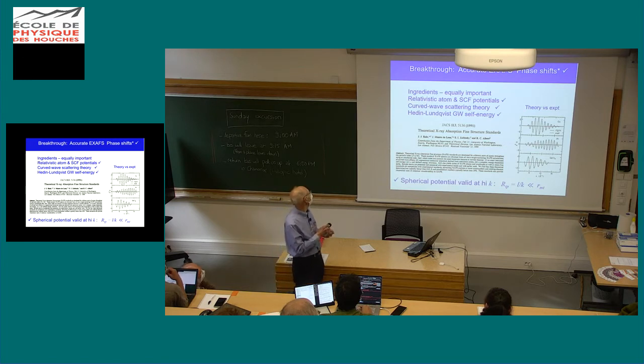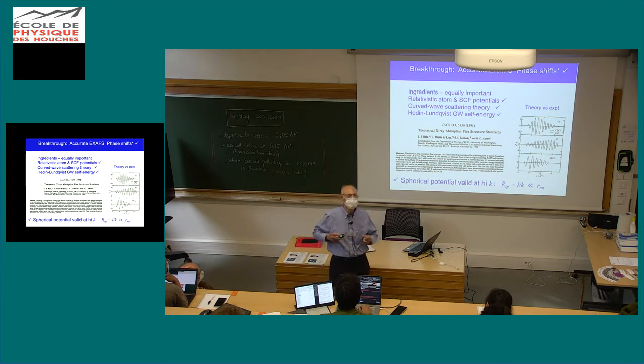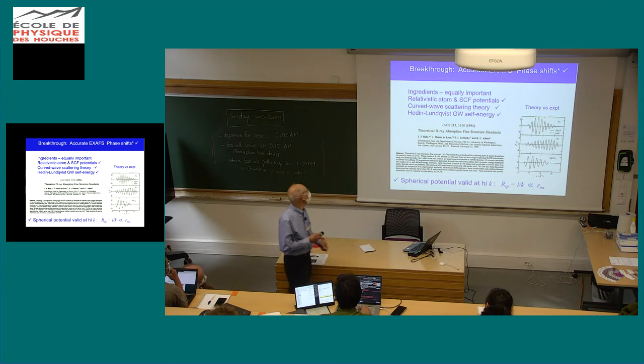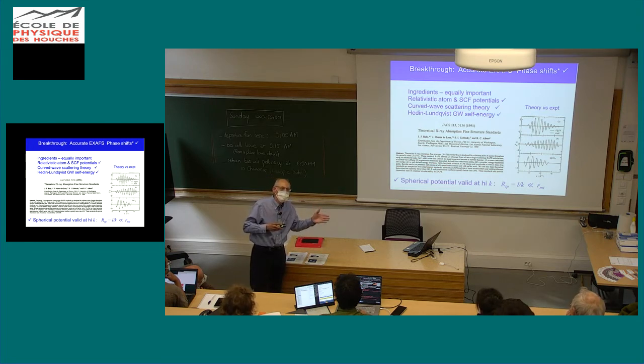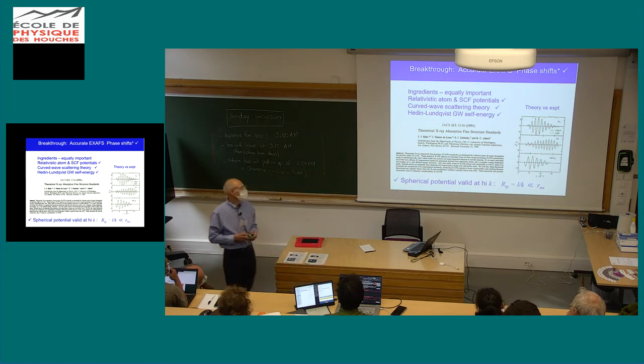The first thing he did was he put in the Hedin-Lundquist GW self-energy. So he thought, now I'll get my degree, because he worked so hard to get that in. And the answers got worse. And finally, when he got the separable approximation in, the curves went just the opposite way and canceled that error out. And the result was that the curves were on top of each other. So we were really happy with that.